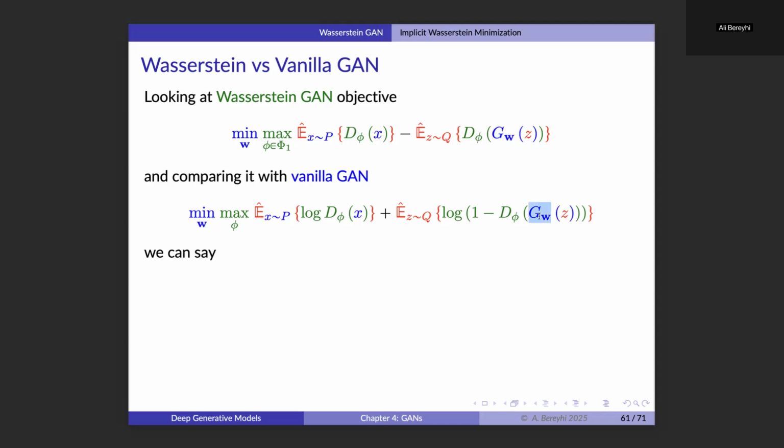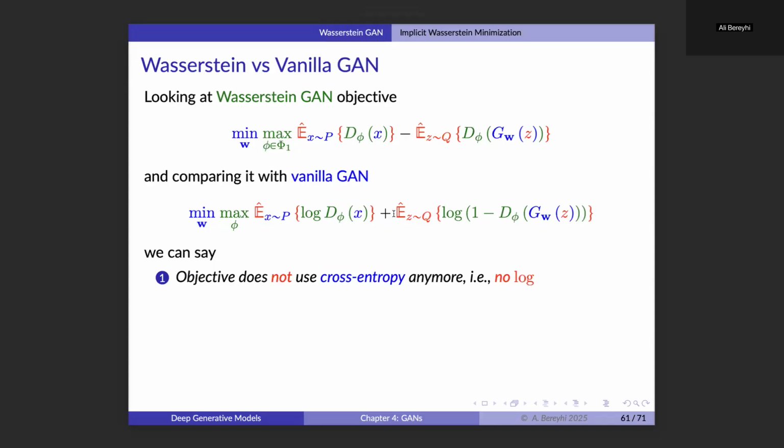And out of the output of the discriminator, we compute some objective over which we want to solve the min-max, right? The first thing is that the objective in the vanilla one is proportional to the log of the discriminator output, right? The reason is that there we are defining it in terms of cross entropy. We are thinking in terms of classification, right?